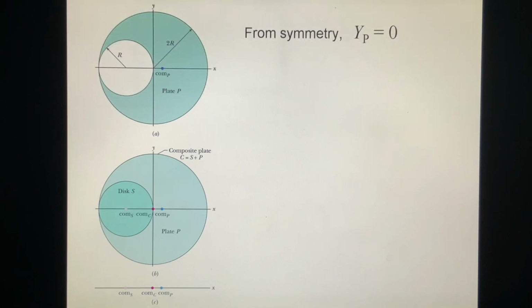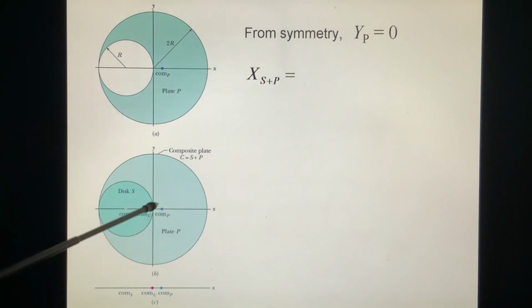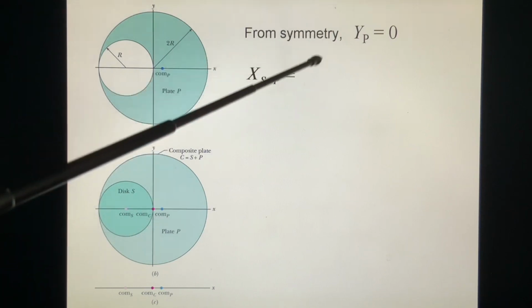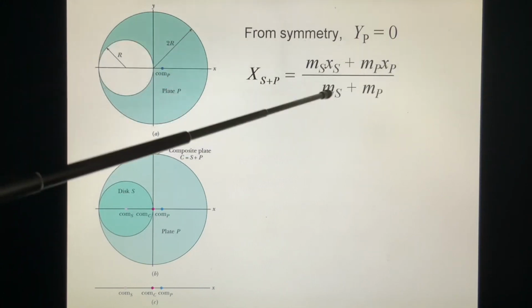How about the x? We take these two pieces as two particles. For this particle, the center of mass is located at minus R. And for this one, the location is what I want to find. We put them together, and the center of mass is at 0. By definition, it should be (x1 m1 plus x2 m2) divided by (m1 plus m2).